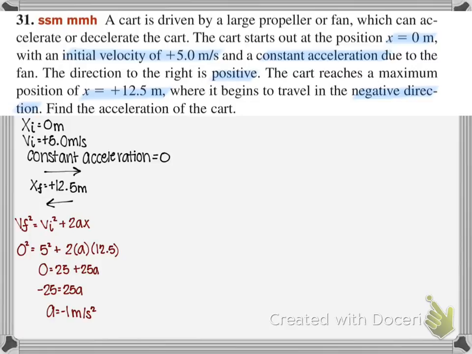So its final velocity will be 0, equals 5 squared, which is your initial velocity, plus 2a times 12.5. So you get 0 equals 25 plus 25a. You subtract 25, so you get negative 25 equals 25a, and you divide by 25, so your acceleration is negative 1 meter per second squared.